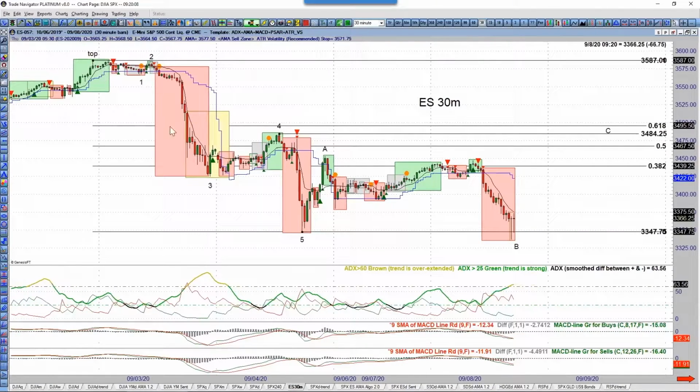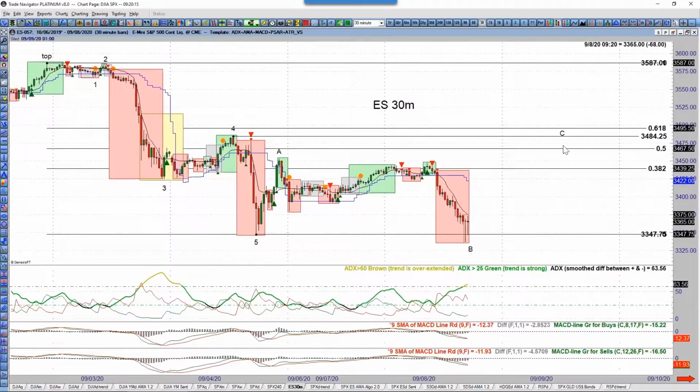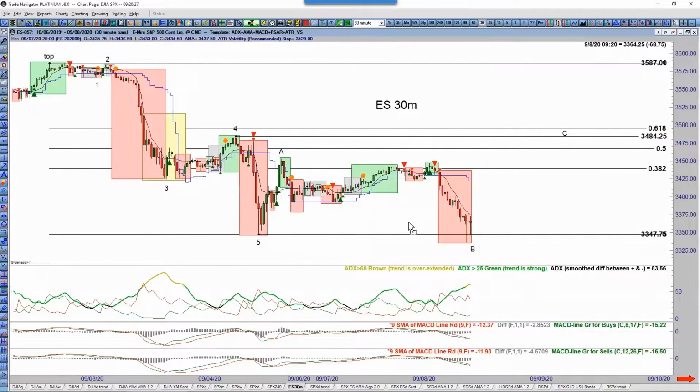And after a 5 wave structure, you would get a corrective period, and then you would get at least one more 5 wave down structure that's typically at least as big as the one you just saw. And so that is a relatively bearish outlook.